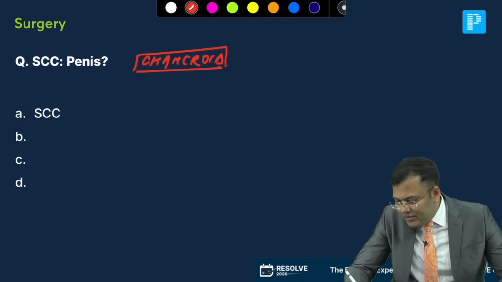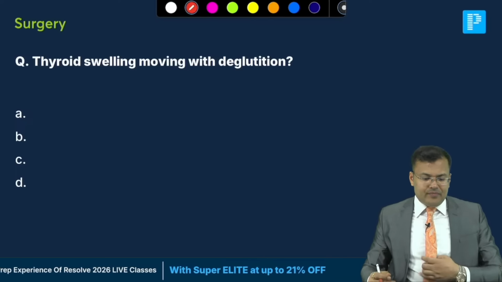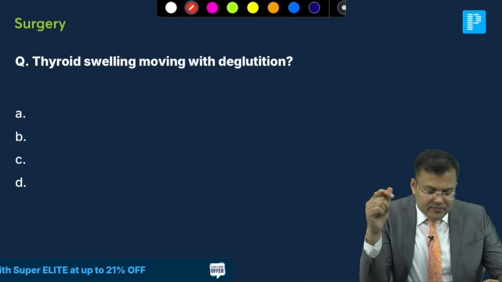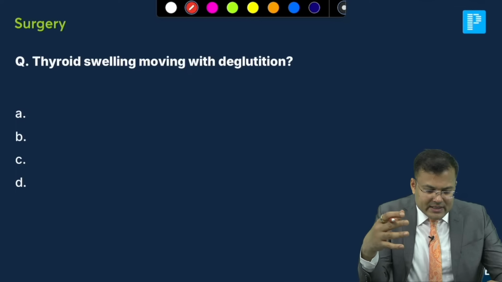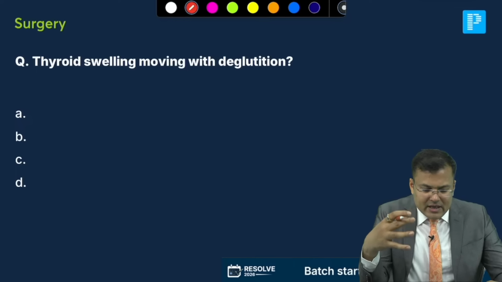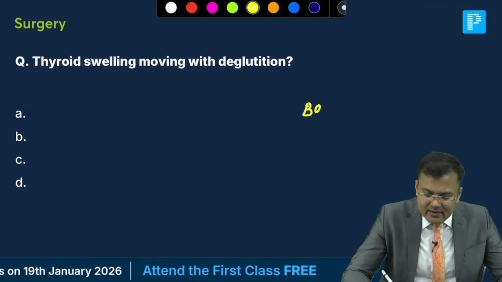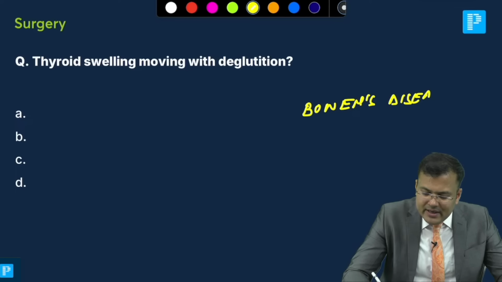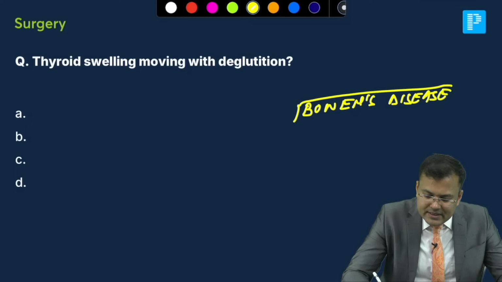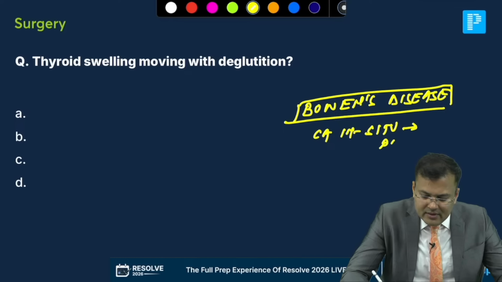Okay? Next, you can see there was a thyroid swelling moving with deglutition. Okay, guys. Next, Bowen's disease was there. Somebody is saying that sir, Bowen's disease was there. Bowen's disease means carcinoma in situ involving the penis. So it is carcinoma in situ involving the penis. Okay?